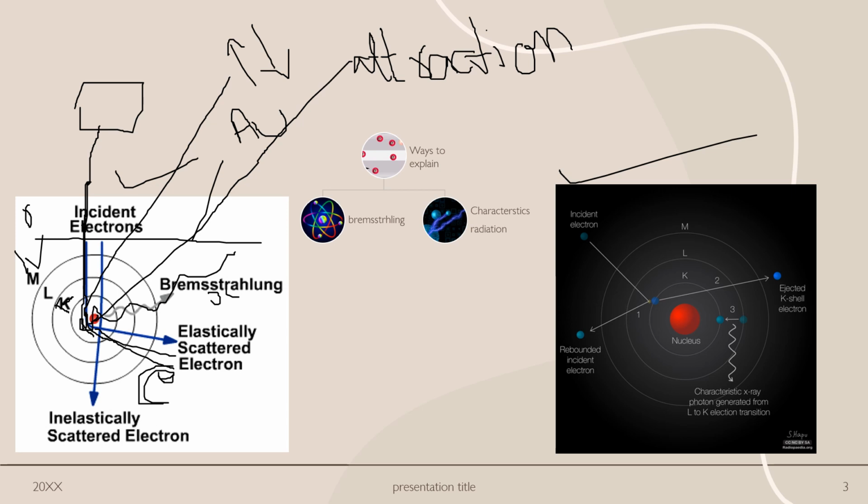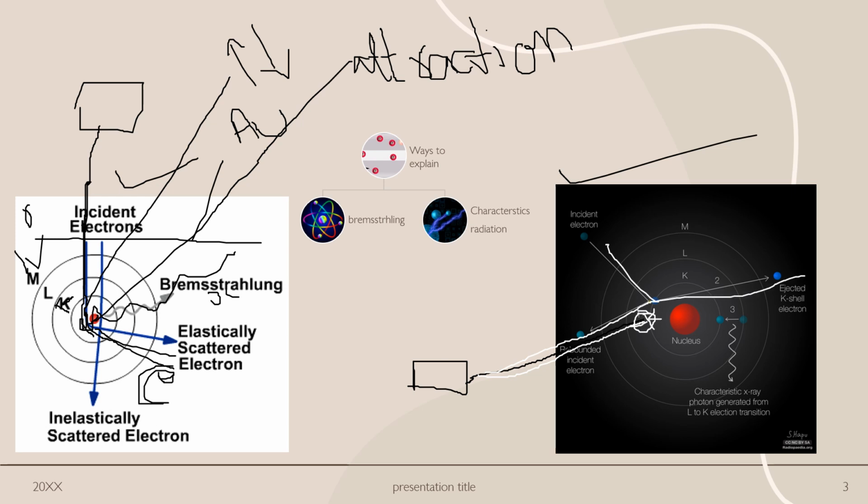Now characteristic radiation is much different from this. Suppose a battery gives out high-intensity electrons. When these electrons reach the K shell, they strike the electron present in it, and this electron is kicked out, and the electron that comes from the battery also kicks out.